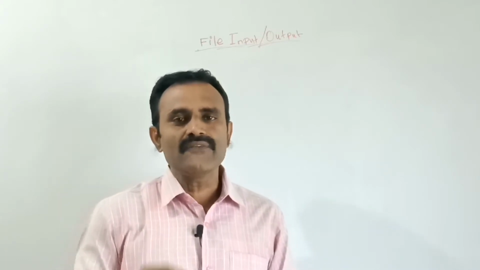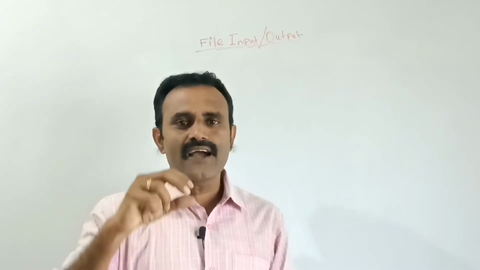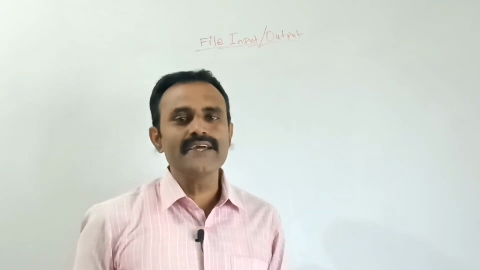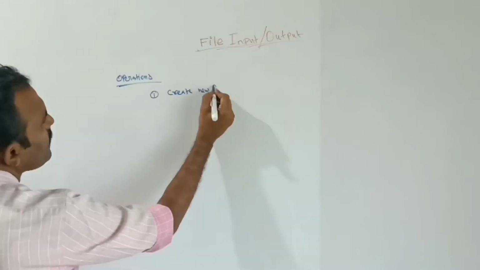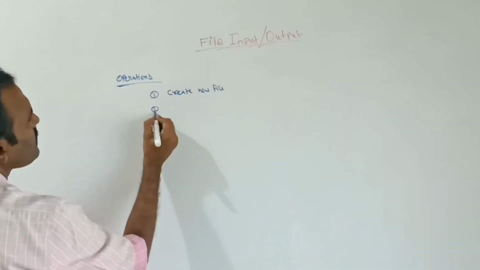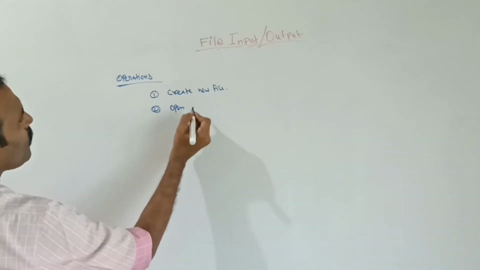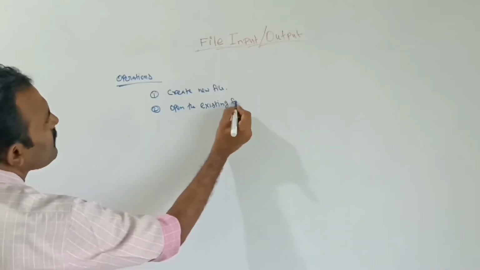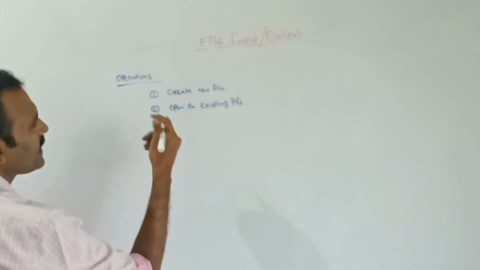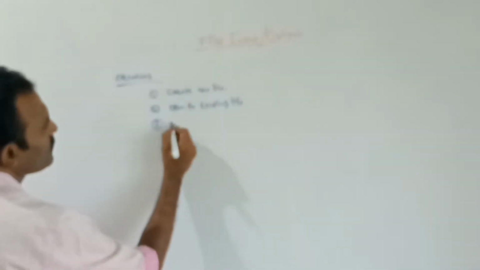Now let us see what operations are performed on a file. Create a new file. Next, we can open an existing file. We can read the content from the file.